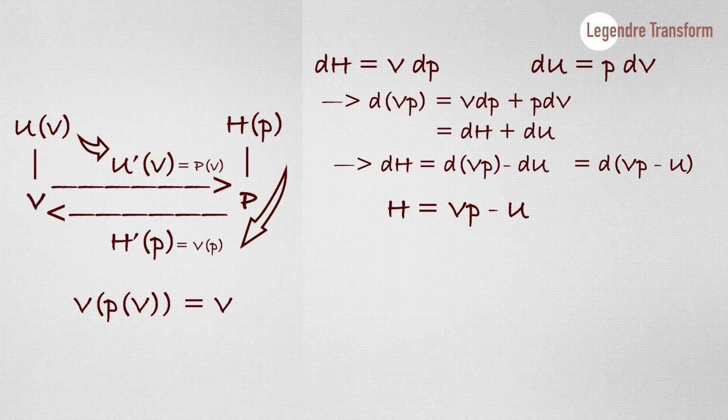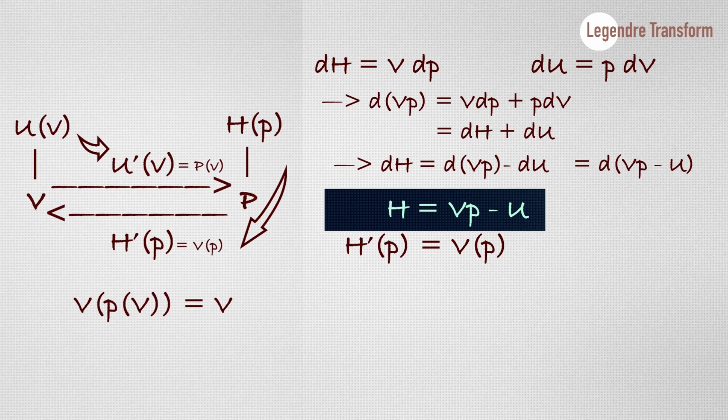And so from this, it should follow that H prime of P is equal to V of P, because that was our goal all along, is to find this relationship. It should follow directly. And how can we see that it follows? Well, dH is equal to dH over dP dP.